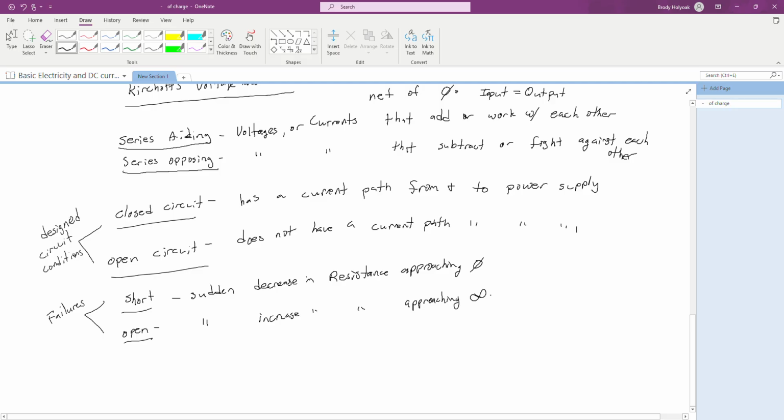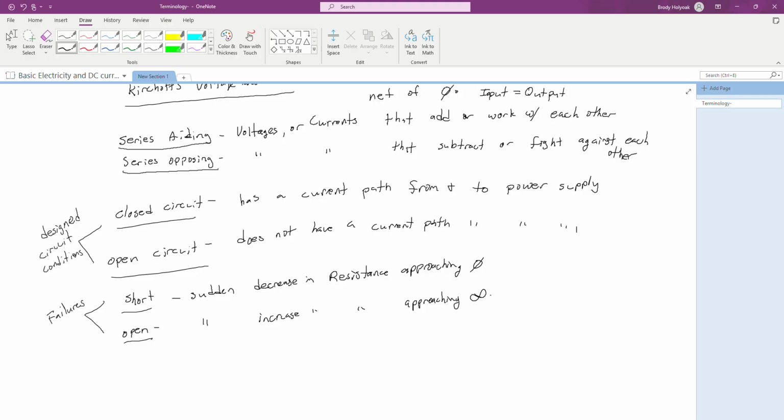So an open circuit versus an open is the open circuit is designed to not have a current path, basically giving it an air gap, which is a huge resistance compared to everything else, so no current's going to flow that way, versus an open by itself, the one word, where that is just a sudden increase in the resistance.